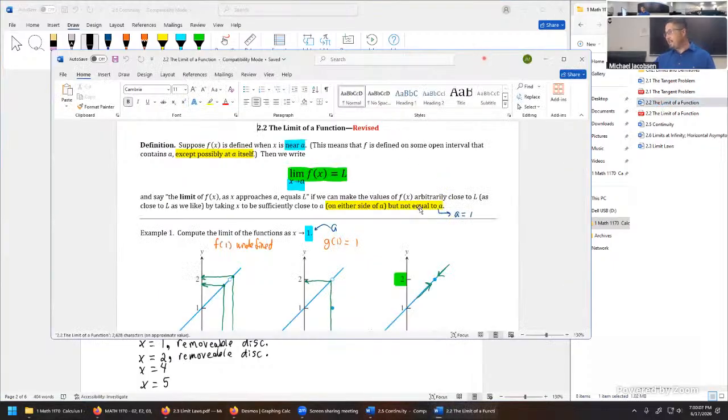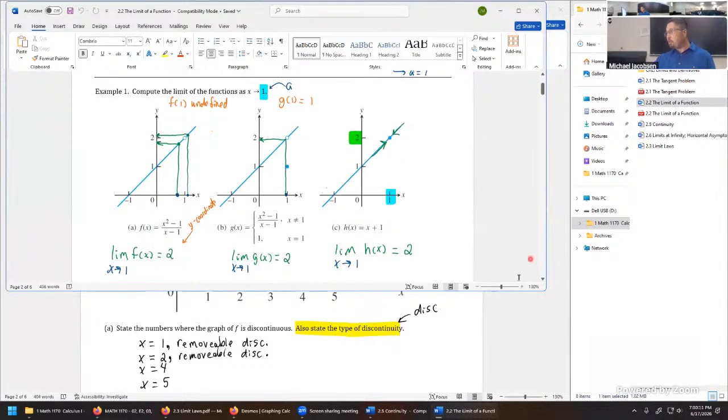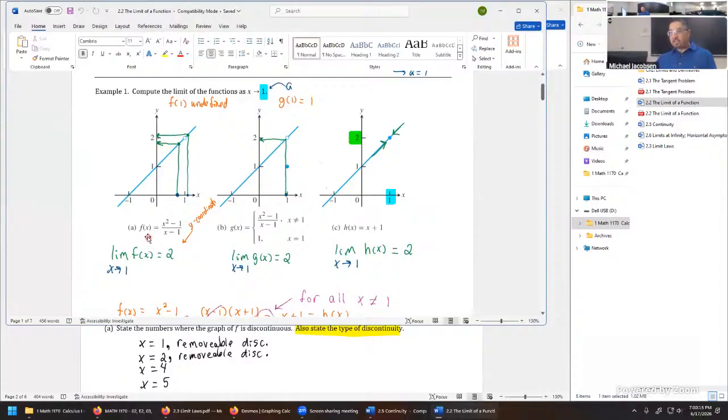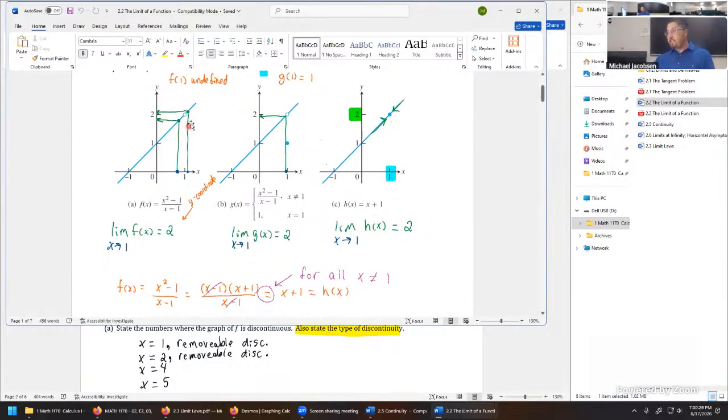I think the computer's getting kind of tired. We looked at two particularly interesting functions, an f of x, x squared minus 1 divided by x minus 1, and h of x, x plus 1. But that's in fact a discontinuity right there. There's a hole in the graph. That's a removable discontinuity. And the reason we call it removable is you do just a little bit of algebra on this function, factor, then cancel.